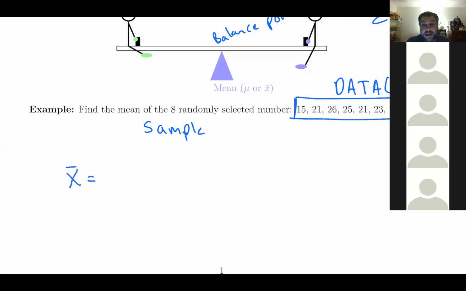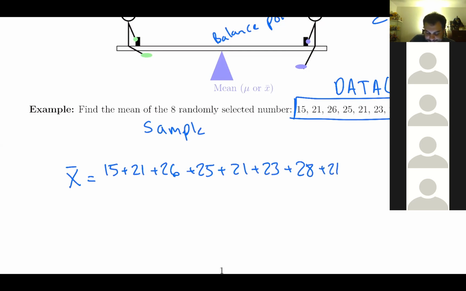So to find X bar, we're going to add up all these numbers. So we'll say 15 plus 21 plus 26 plus 25 plus 21 plus 23 plus 28 plus 21. Cool. And then you want to divide it by however many numbers we have. So for this one, I told you we did 8 randomly selected numbers.